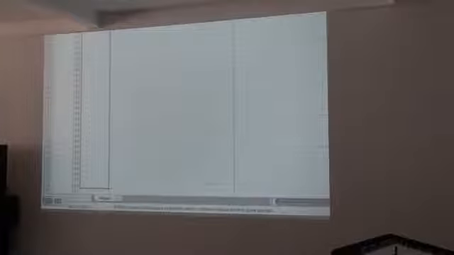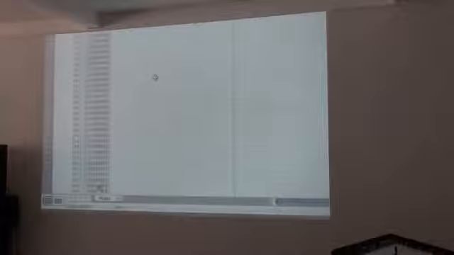I copy the equation. So I have here the column of values.